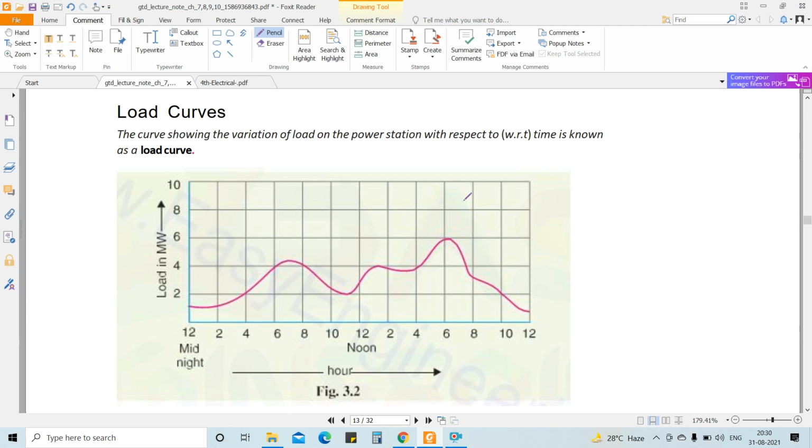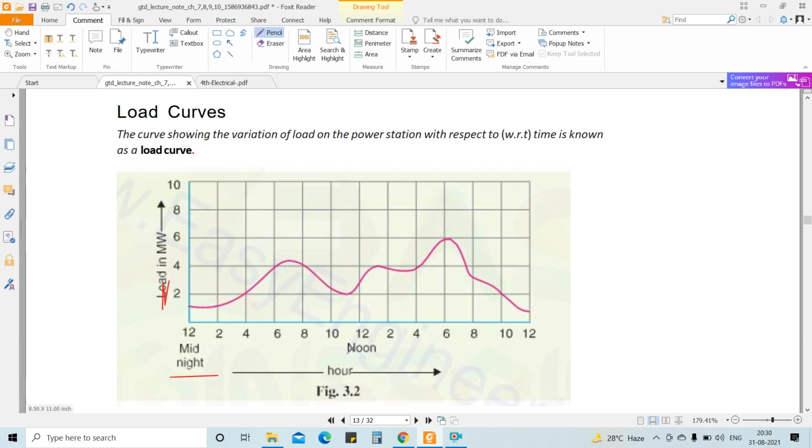So the first term is the load curve. This curve shows the variation of load. The variation of load on a power station with respect to time is known as the load curve. See, this is the load axis, and this is the time axis.